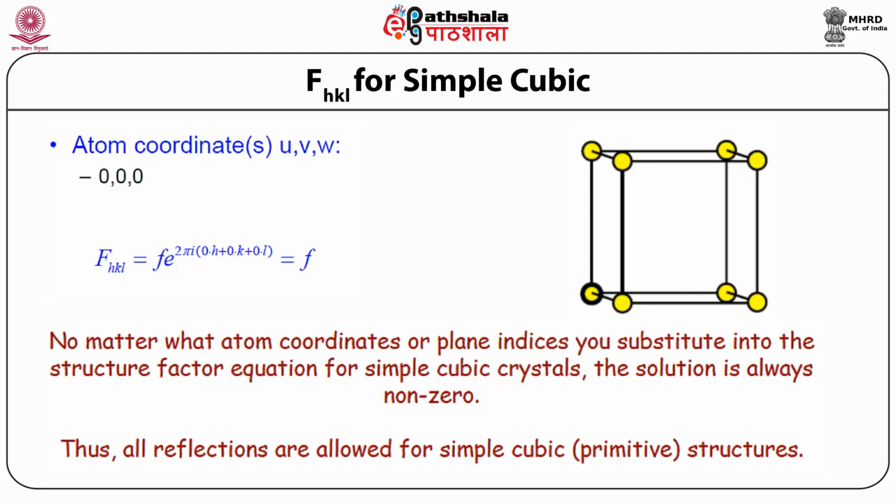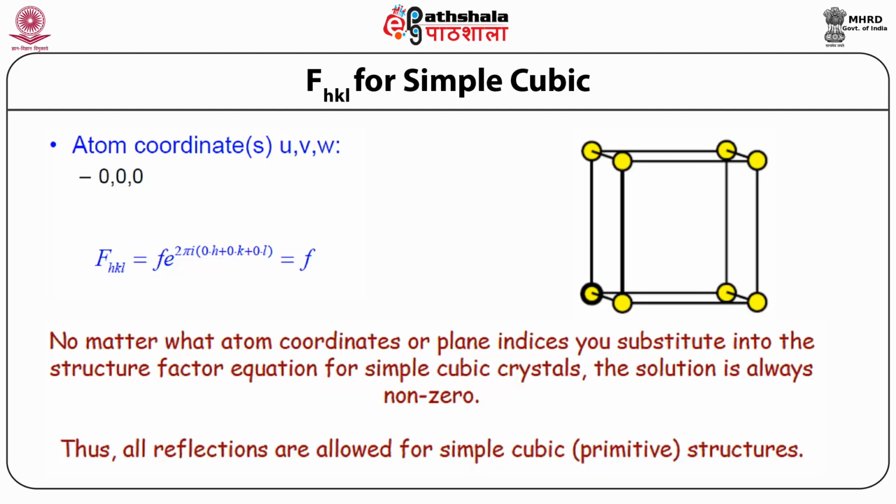The question is, though in the diagram you show the 8 atoms at the corners, we are just talking about the coordinate of one atom. It is because in a simple cubic lattice, if you ask how many atoms per unit cell exist, the answer is 1. So there is 1 atom per unit cell.